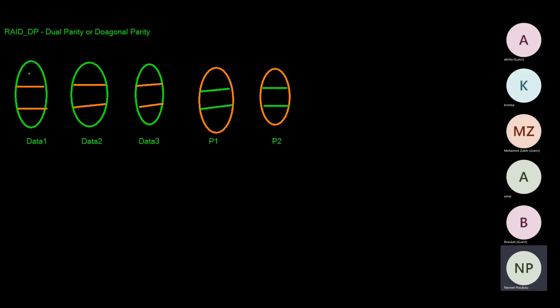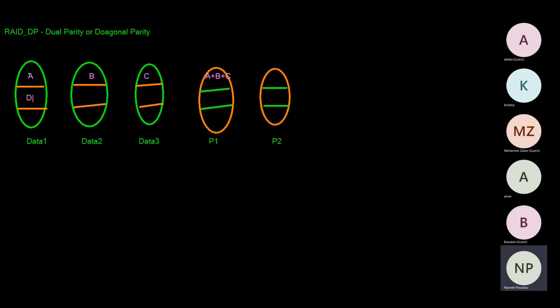Let's assume the data here is A, B, C. In the first parity, it will write a combination of all the data, A plus B plus C. The second parity I'll talk about a little later.